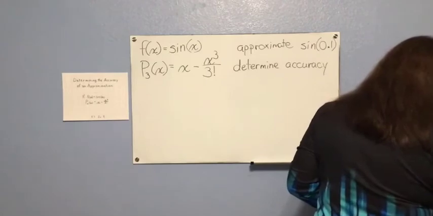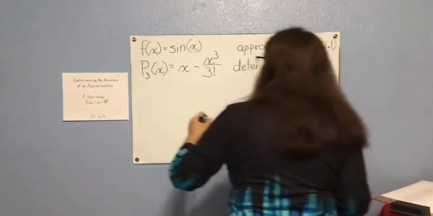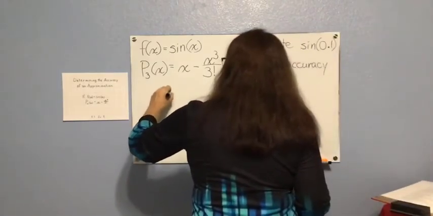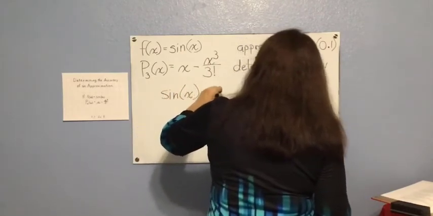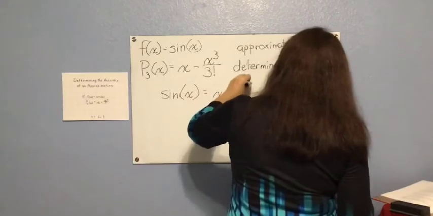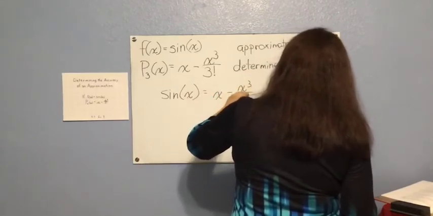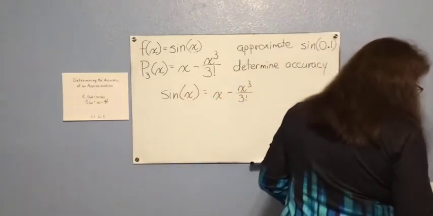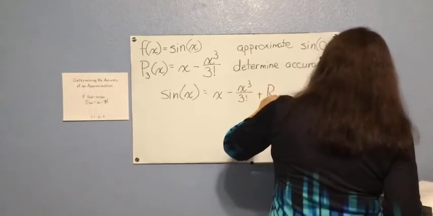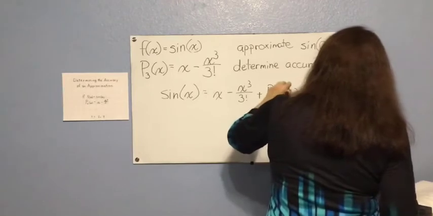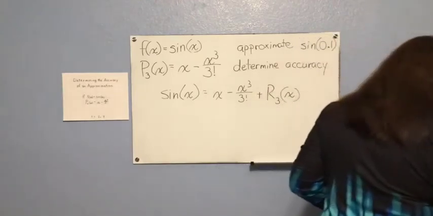So we're going to use Taylor's theorem, which tells us that sine of x is equal to x minus x cubed over 3 factorial plus r sub 3 of x.